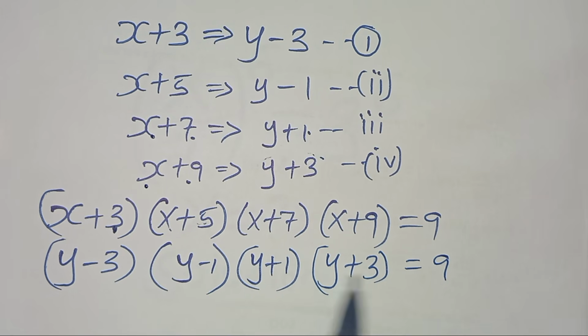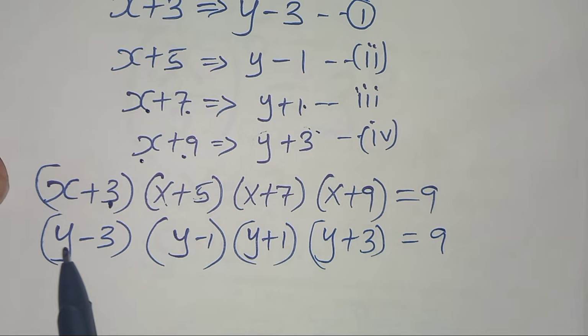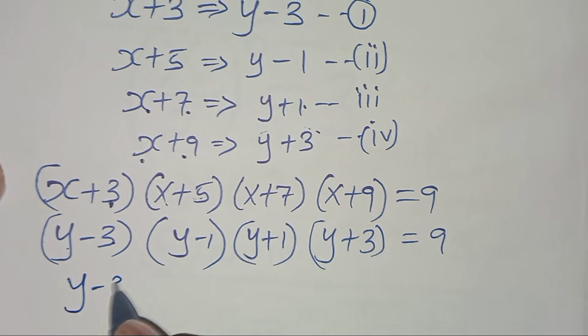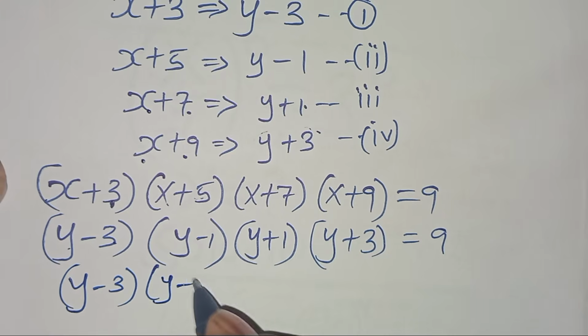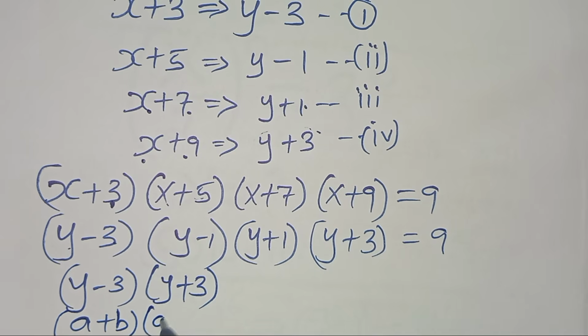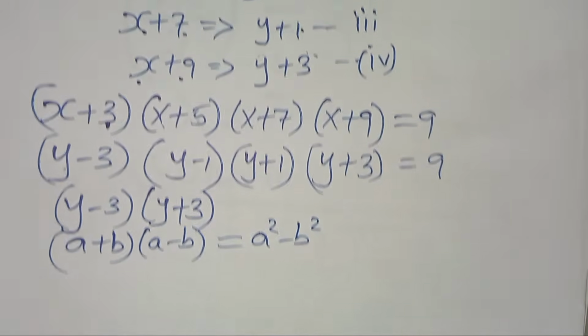If you check here, this is actually an interesting equation, because we have y minus 3 and y plus 3. This is in the form of a plus b, a minus b, which is the difference of two squares, expressed as a squared minus b squared.